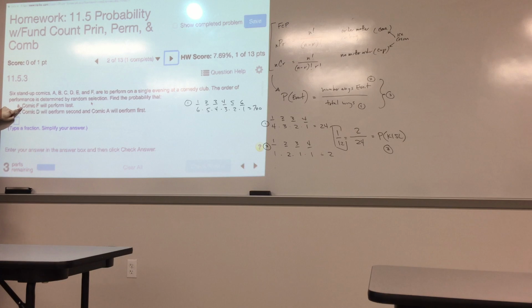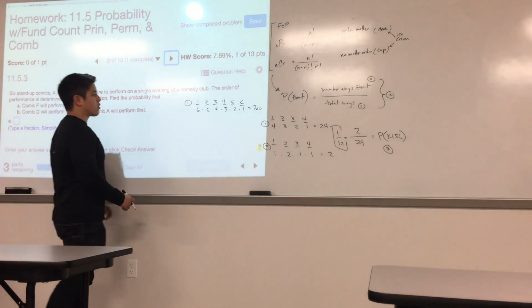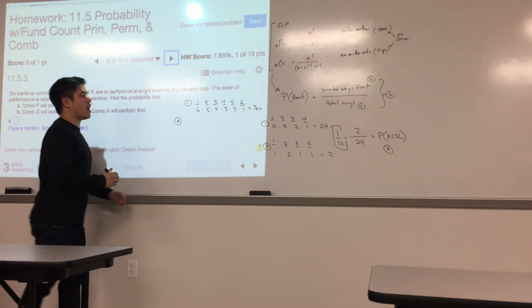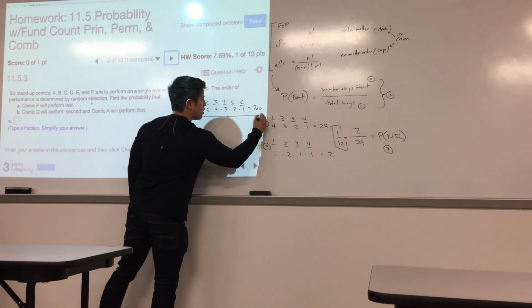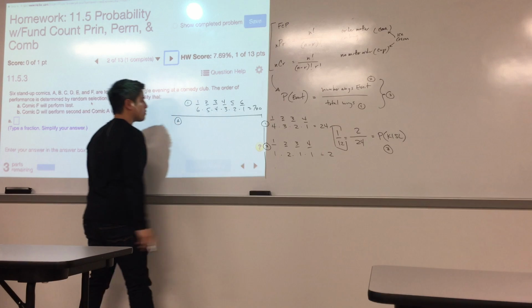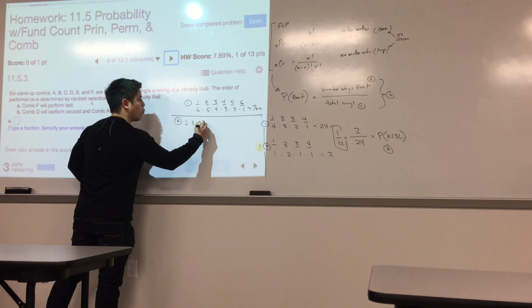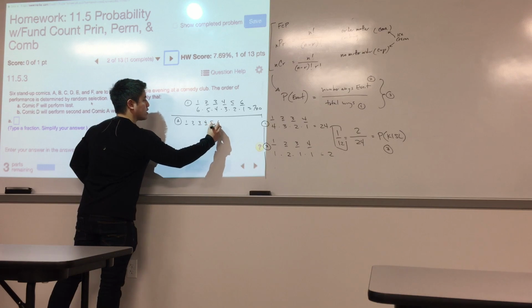Find the probability that comic F will perform last. Okay, so part A, comic F will perform last. If you do your lineup here, what does that tell us about one of the positions?